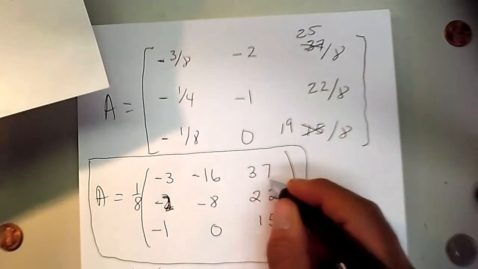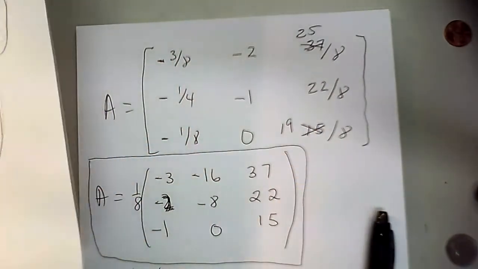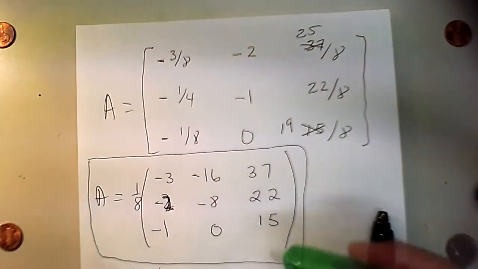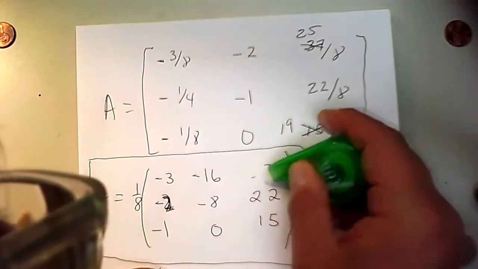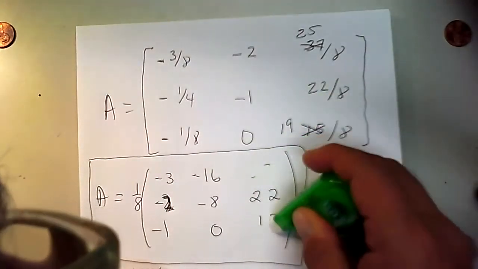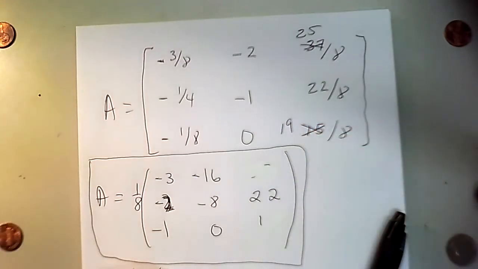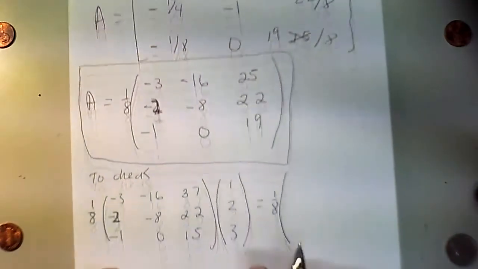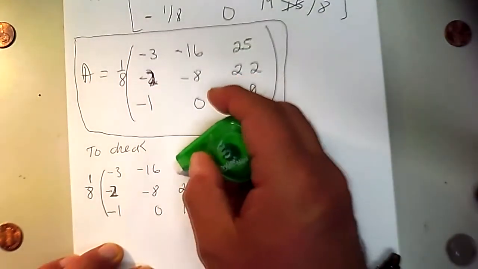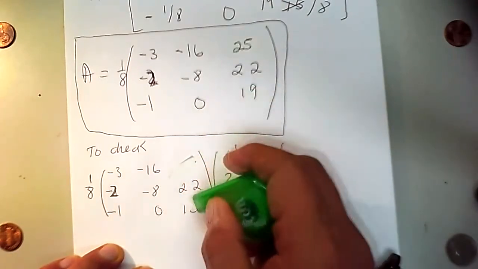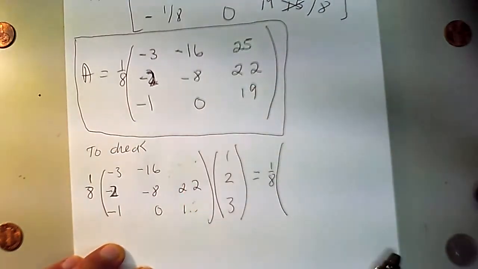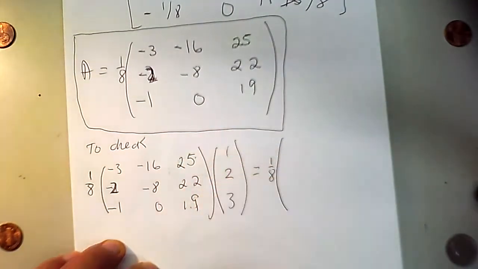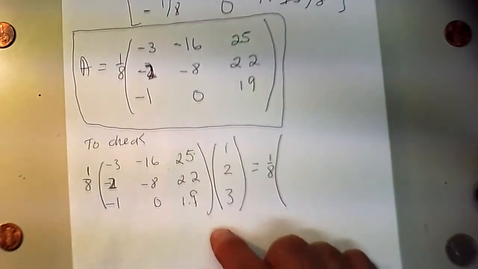So that should turn into 25 and 19. 25, 19. And this one should also change accordingly. So that's why we want to double check our work. 25, 19. So let's redo this.